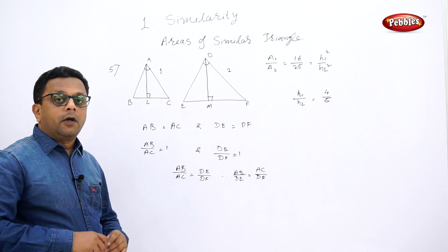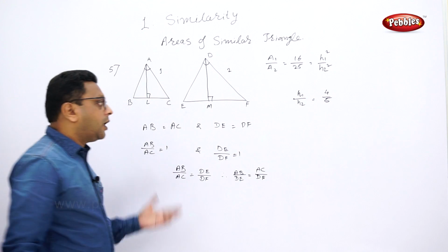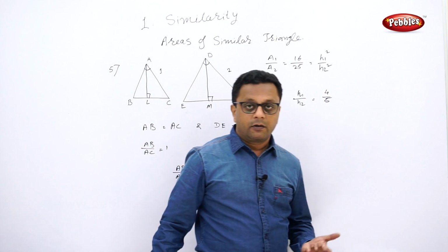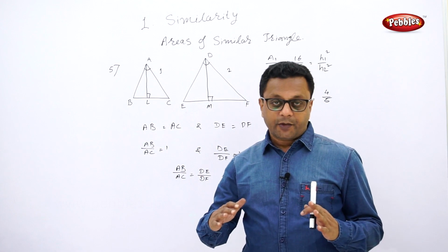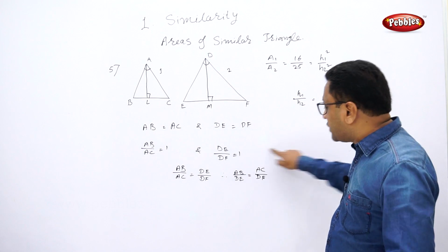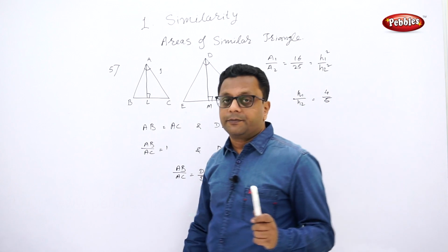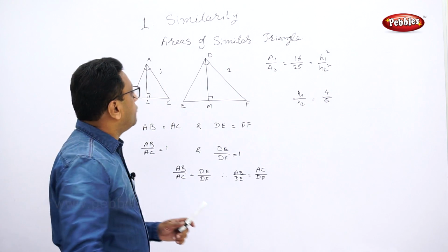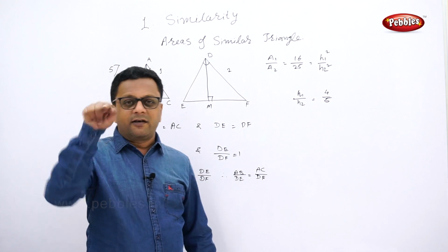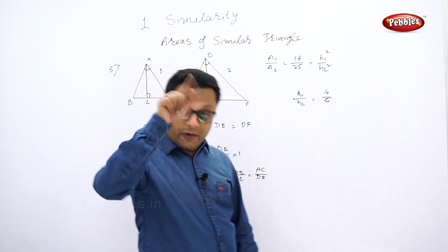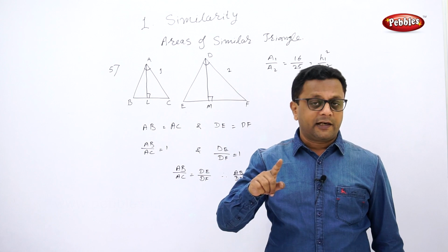Now whenever I am solving or explaining the examples here, you have to listen very carefully. Why? Because I am not spoon feeding you. I am not writing each and every step, and I am not writing the reason for that, but you have to write the reason. Sometimes while writing the names of the triangles, I don't write the triangle sign, that is, area of triangle ABC, I just write area of ABC, but you should not write like that.